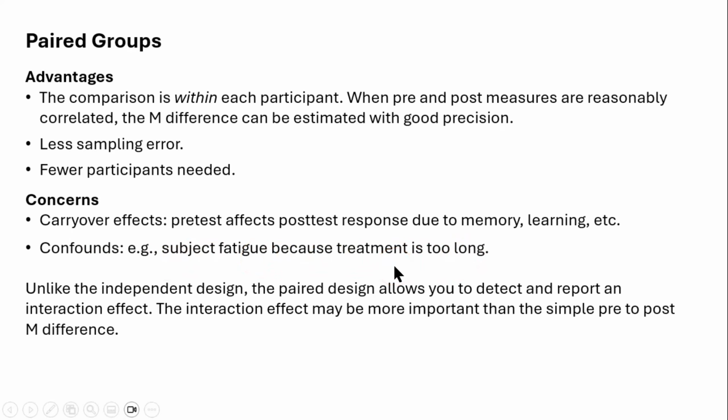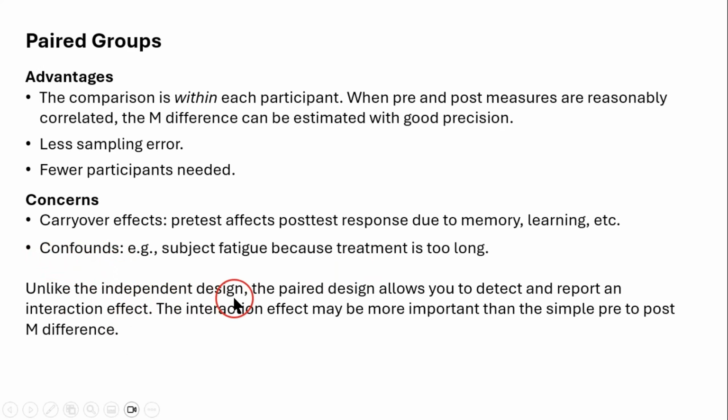If you have a paired design where the subjects are going through a fairly long treatment period where they're doing something or learning something, etc. If that's too long, some of the subjects could get tired, and that will influence maybe how well they do on the post test, for example. So you have to be a little bit aware of those kinds of things too. That would be considered a confound.